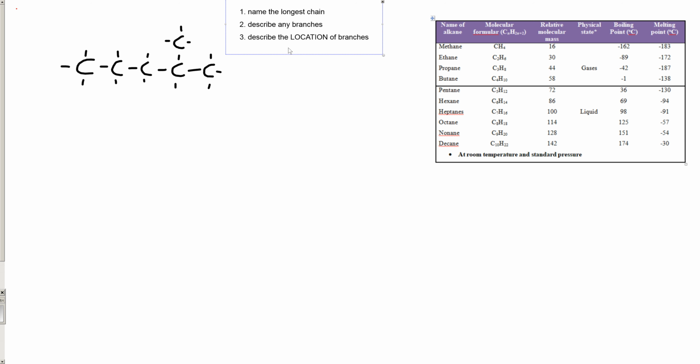So we not only have to say what kind of branch there is and how many of those branches there are, but we also have to say where the branches are. So with that said, I'm going to color code what I'm doing here as I write the name.